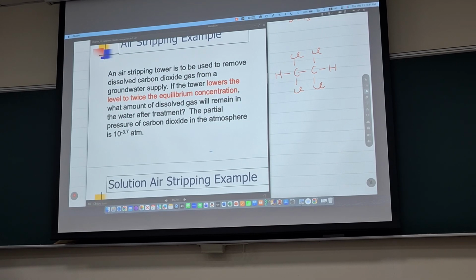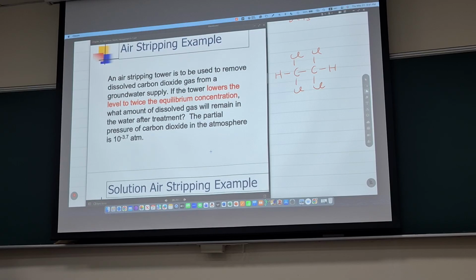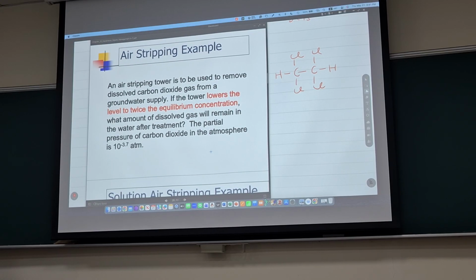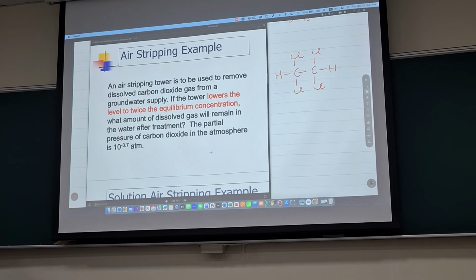Okay, next slide shows you the air stripping tower example for carbon dioxide removal. In this example, we use an air stripping tower to remove dissolved carbon dioxide from groundwater. After treatment, the tower lowers the carbon dioxide concentration.